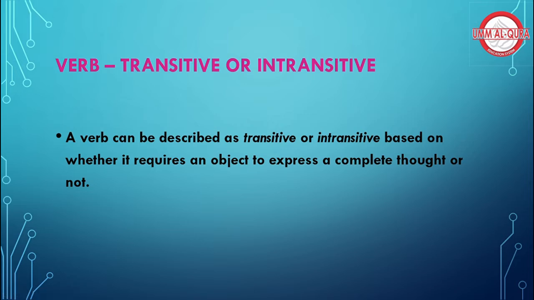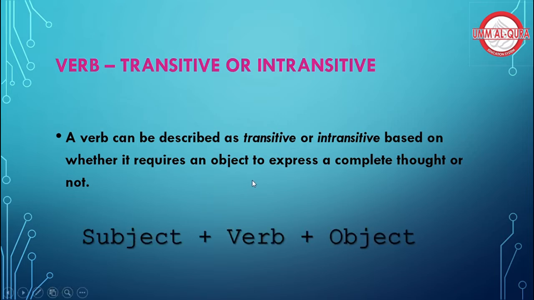They can be expressing a complete thought or an idea, but depending upon the existence of the object, we decide whether the verb is transitive or intransitive. So I want you to recall the structure again: subject, verb, and object. To know if a verb is transitive or intransitive, we have to know through the existence of the object.